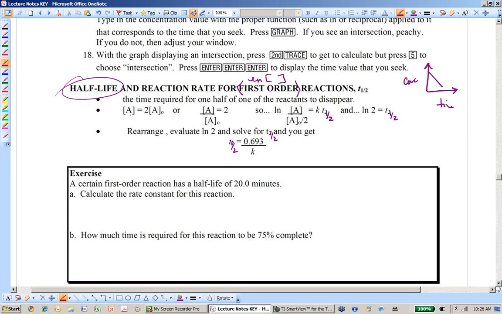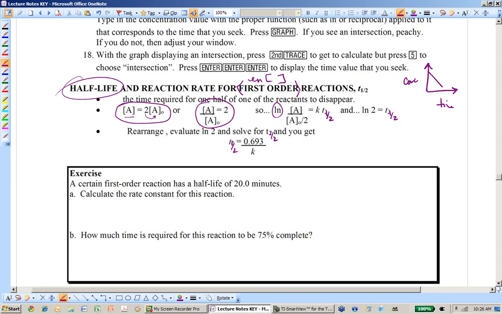So at this point, there are different relationships you may want to pull from. Whatever is left, whatever that value is, would be half the original value, or, the one I like best personally, A0 over A equals 2. So the natural log function is what we deal with in first order.